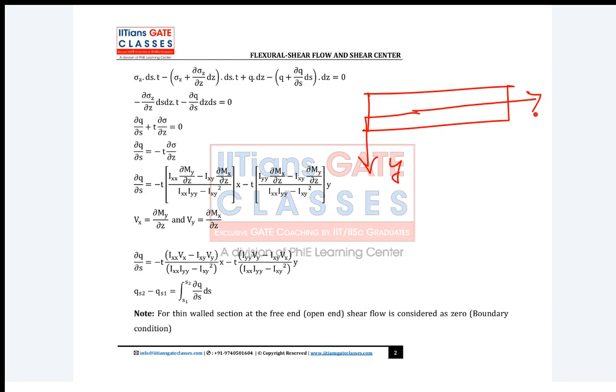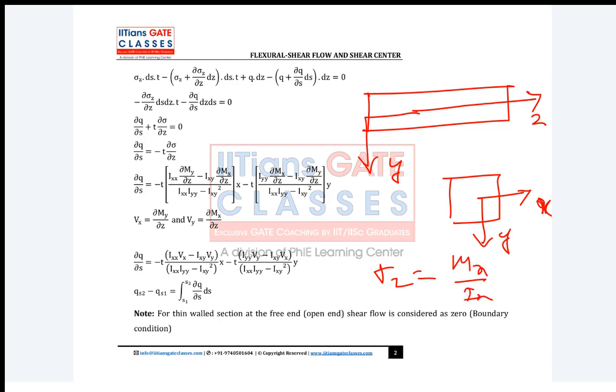This is y, this is z, so my cross section will be x and y. Now guys, what is your sigma z? Simple bending: it will be Mx upon Ix into y, right? Now in this vertical direction, what will be the shear force? Shear force will be Vy.